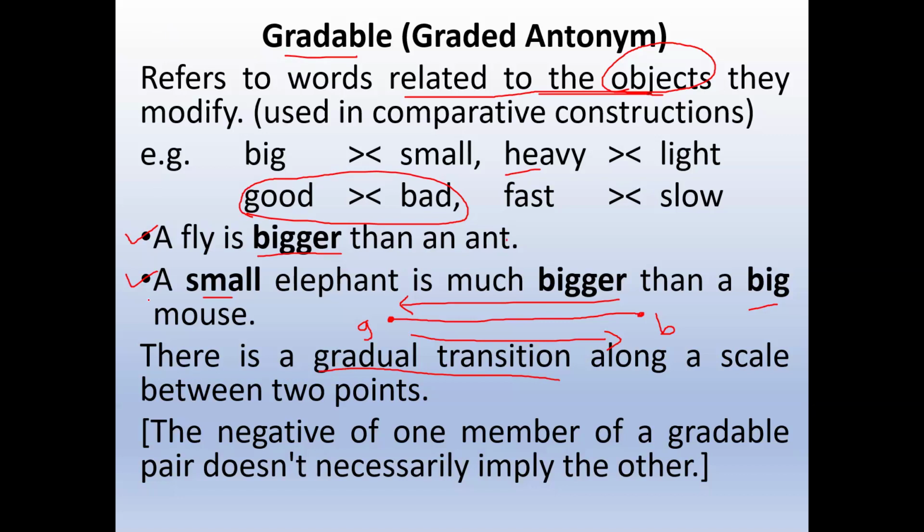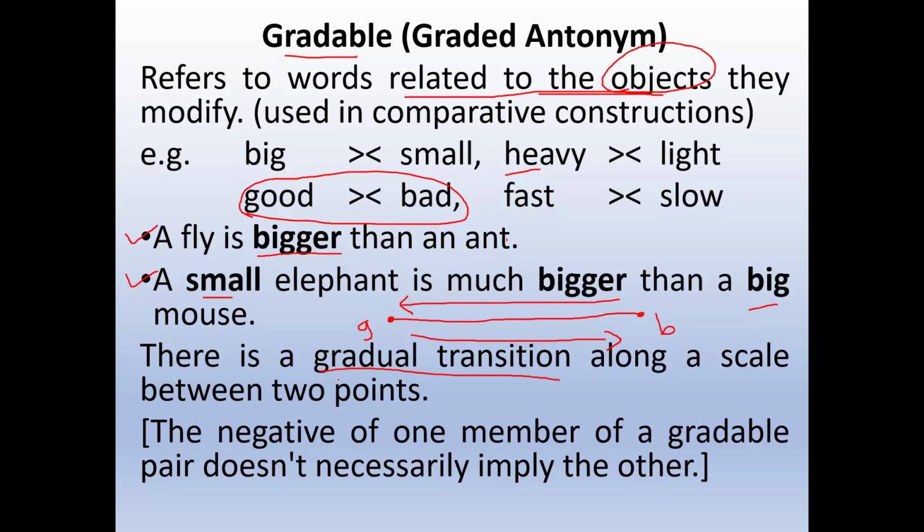That is one characteristic. The other characteristic I told you is that there is a gradual transition or change from one end to the other end. If you put both adjectives at both ends, there is still a possibility for one adjective to move to the other meaning: for something good to become bad, for something fast to become slow, and the other way around as well.